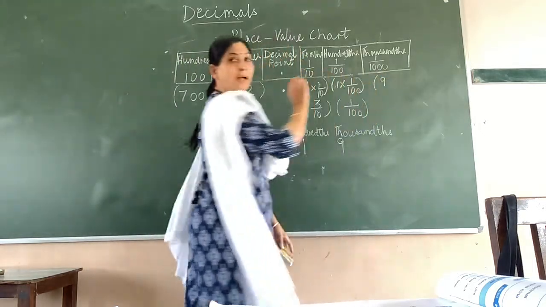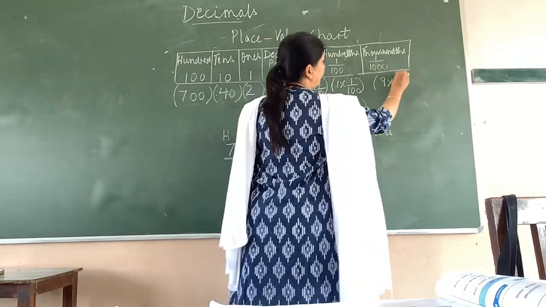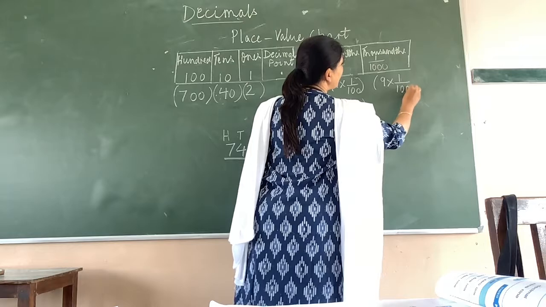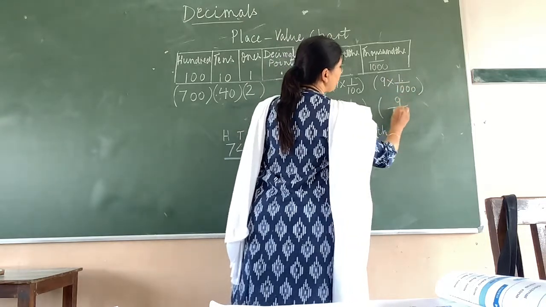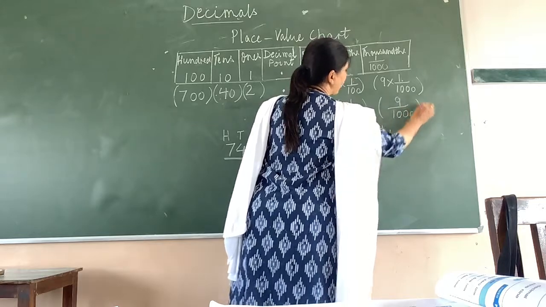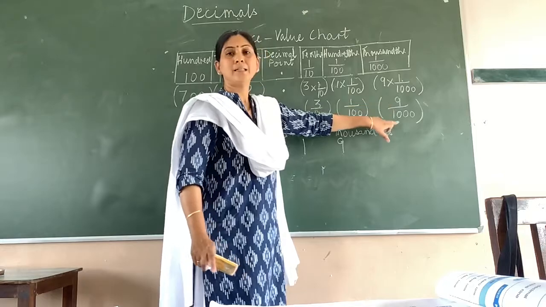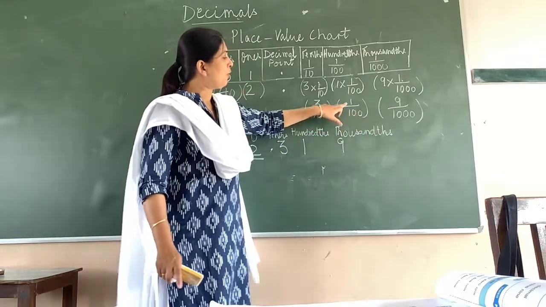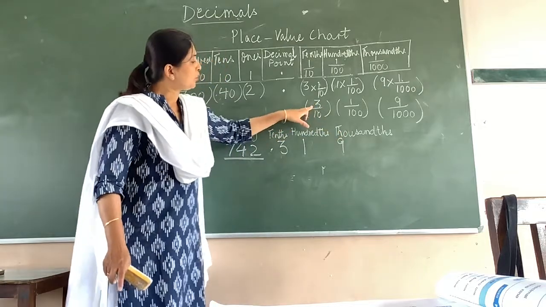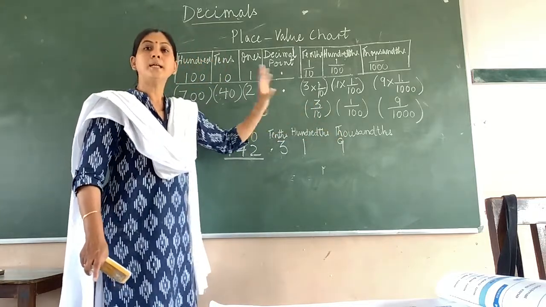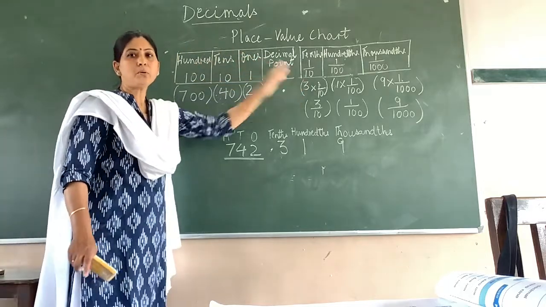We will multiply 9 by its value 1 over 1000. So we will get 9 over 1000. 9 over 1000 means 9 thousandths. 1 over 100 means 1 hundredth. 3 over 10 means 3 tenths. Okay, so this is the place value chart.